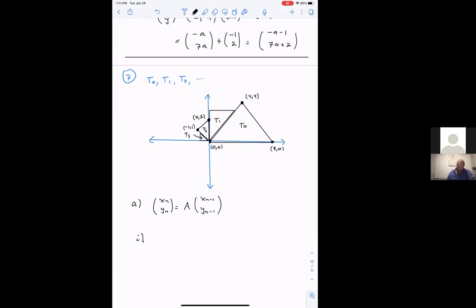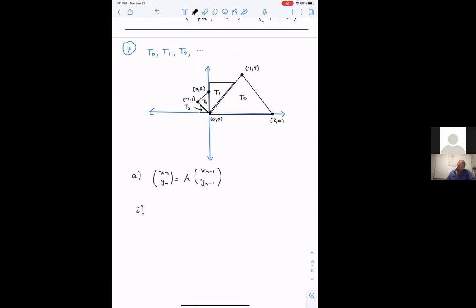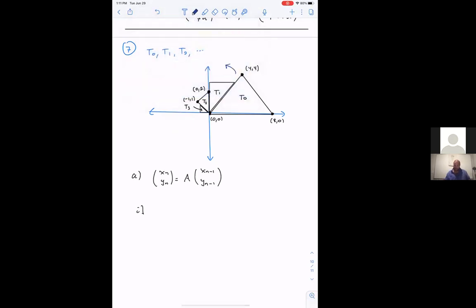Okay. And those are going to be the key. Because if we see that 0, 0 keeps going to 0, 0, as these things rotate counterclockwise, anti-clockwise, 0, 0 is like a pivot point. And this thing is rotating about 0, 0. But what I do notice is as follows.